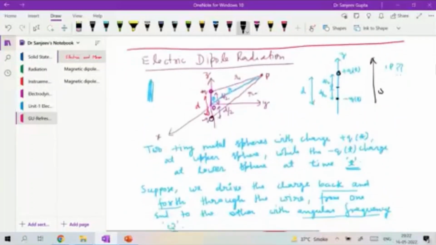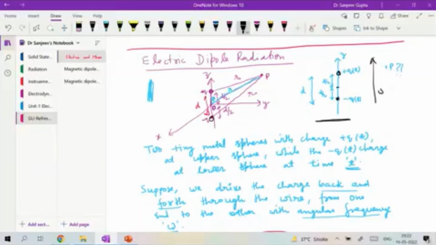Now, using this concept, I'm going to explain the electric dipole radiation. In this picture, there are two tiny charged spheres, one with positive charge and another with negative charge.